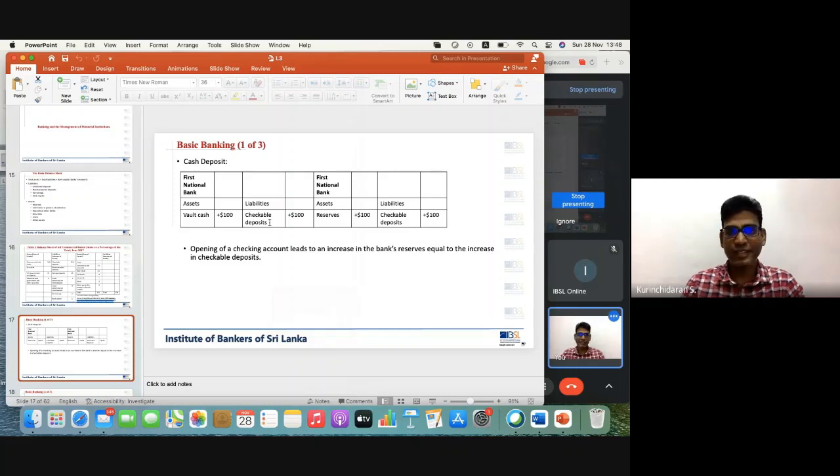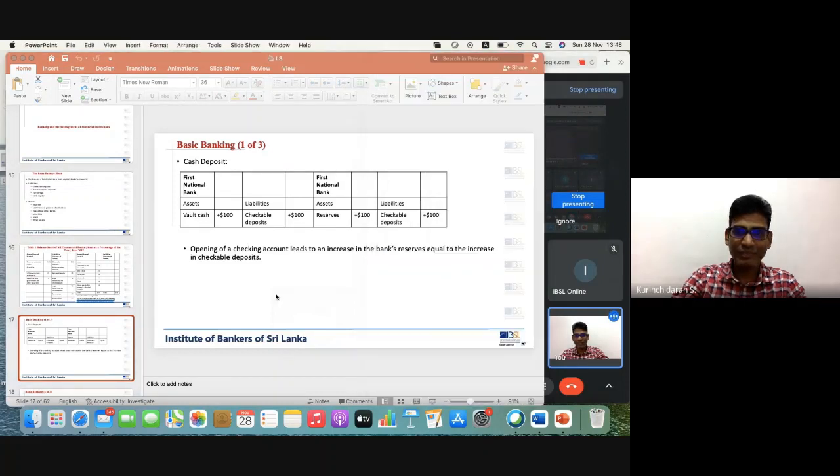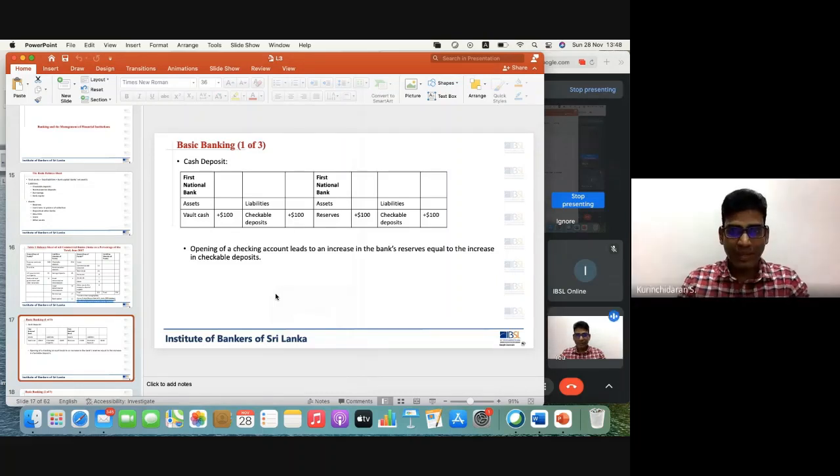So assets increase, it's vault cash. Is that clear? You have to tell me whether it's clear or not. Gavin, is that okay? Yes, it's clear. Okay.